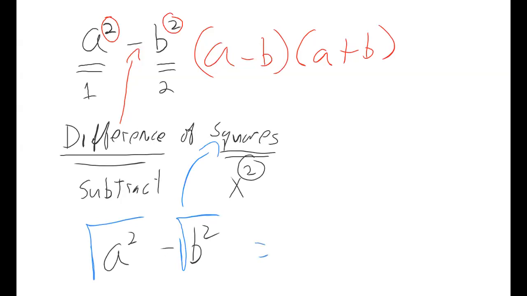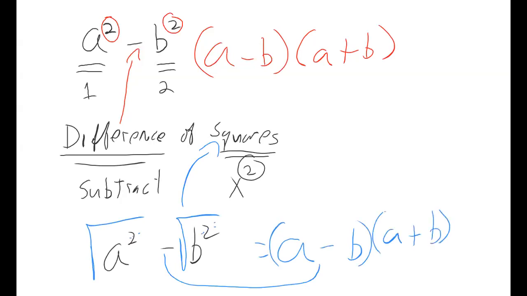That is just a. And what is the square root of b squared? That is just b. Remember, the square root basically cancels these. And then I keep the sign, put it in parentheses, rewrite it and just change the sign. That's what the formula tells you to do.